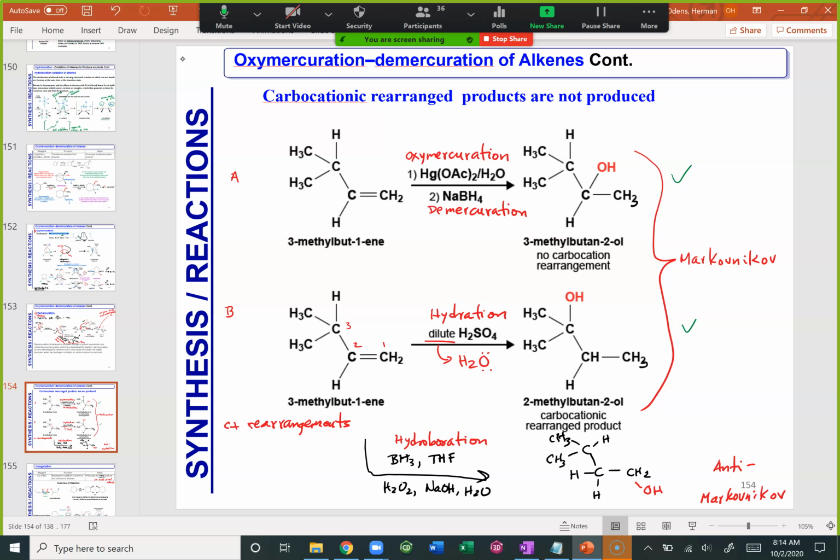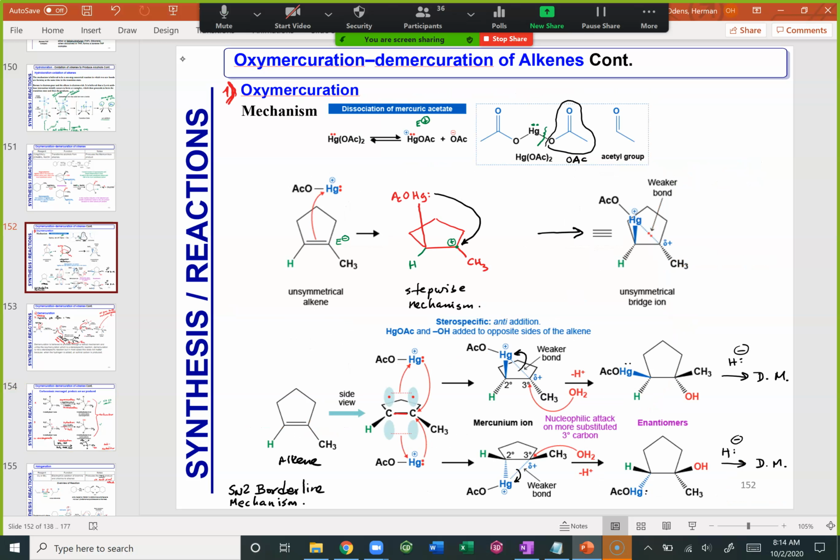Notice that on oxymercuration, there is no carbocation rearrangement. It's fixed because of the intermediate. This intermediate here, or this one, they lock the configuration so the carbocation doesn't migrate. It just stays there. Those are your locked reaction intermediates.